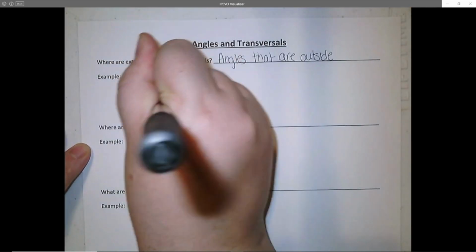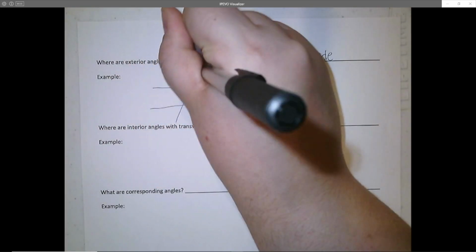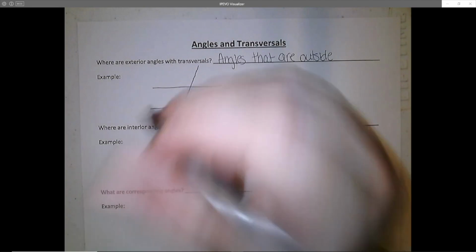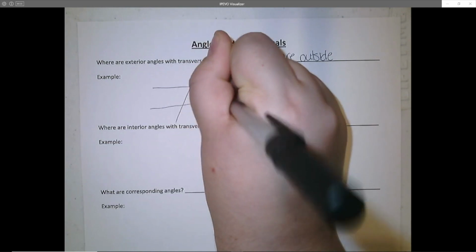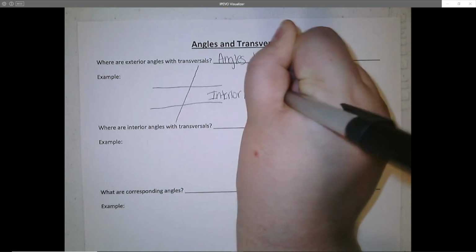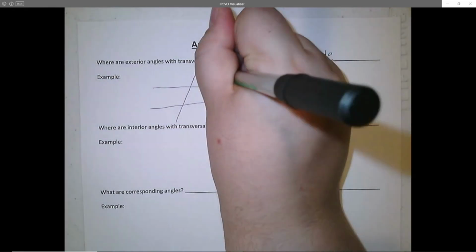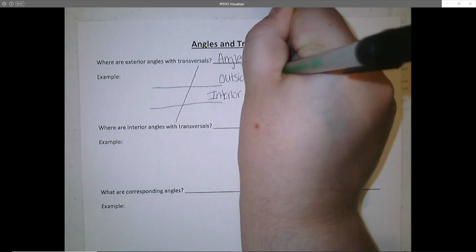What my pictures are going to look like is we have two lines. Sometimes they'll be parallel lines, sometimes they will not, but we will have one transversal. In between the two lines that the transversal crosses over, that is going to be my interior, or my inside. Outside of those lines is my outside, or my exterior.